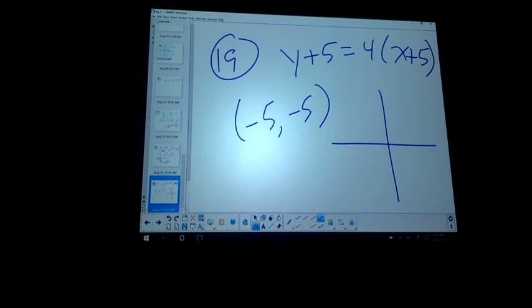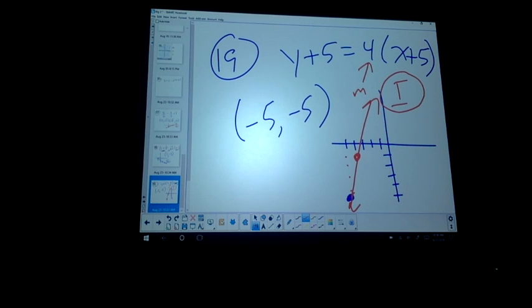I don't know how big your graphs are. And the slope was positive 4, right? So I'm going to go up 4, right 1. Is that okay? Cool. And that's increasing because the slope is positive.